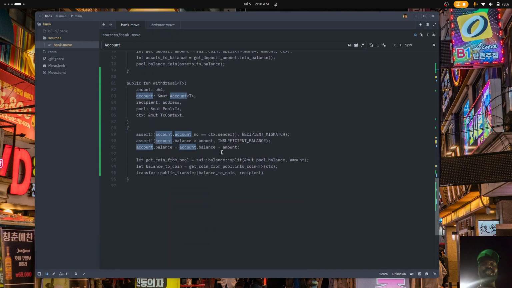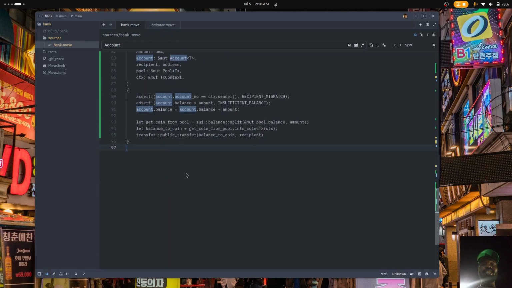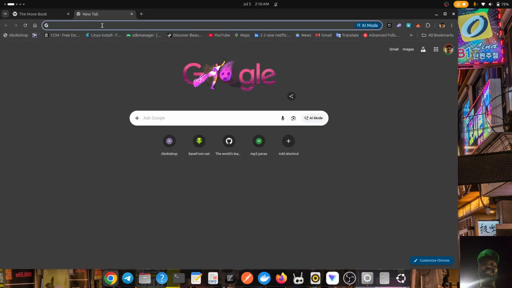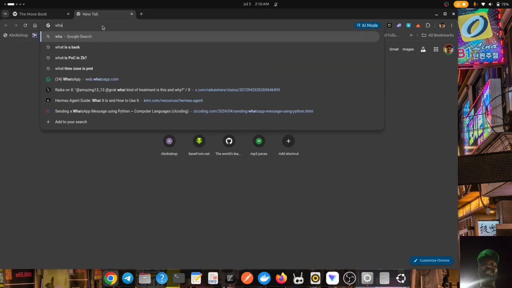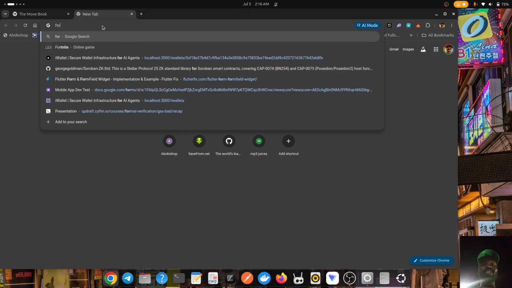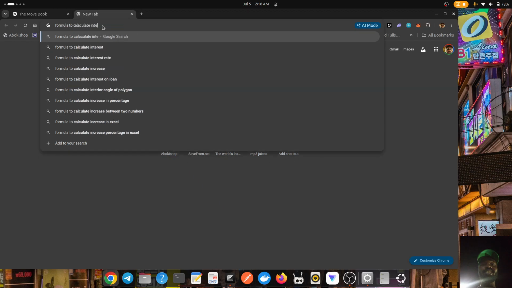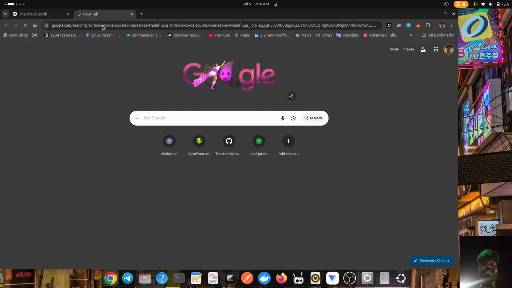So I just want to write the loan, but then I need to calculate. I need a formula, right? So a formula to calculate interest in a chart file. Yes.